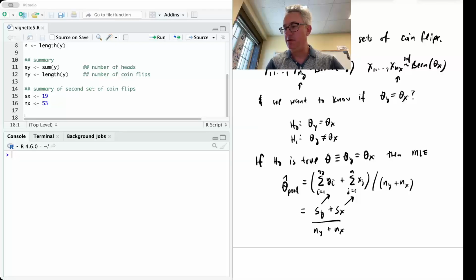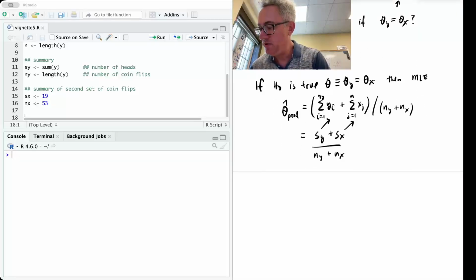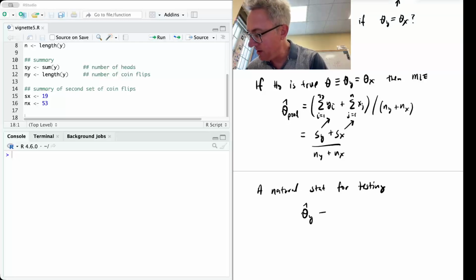Okay, so that's a good estimate of the parameter, and therefore also makes a decent test statistic, or at least the basis of a decent test statistic. In fact, an even better one would be the difference. So we could take an estimate of theta from just the y's and an estimate of theta from just the x's.